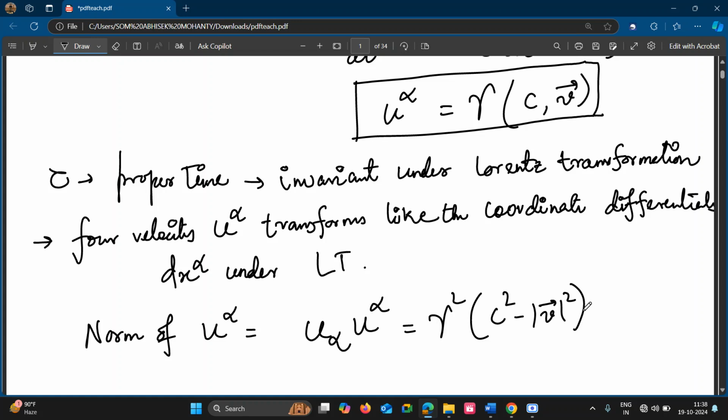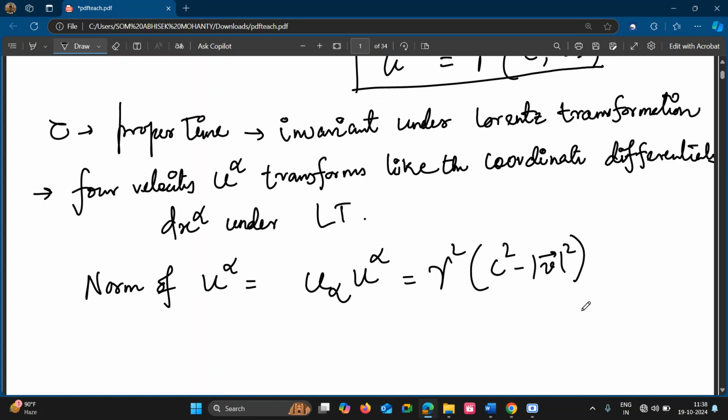This is called a time like 4 vector. And this is actually equal to c square, which is greater than 0.